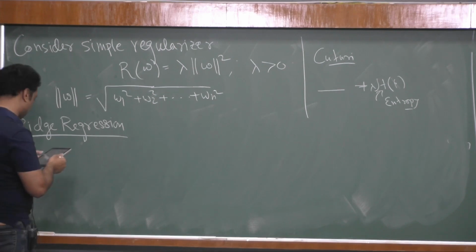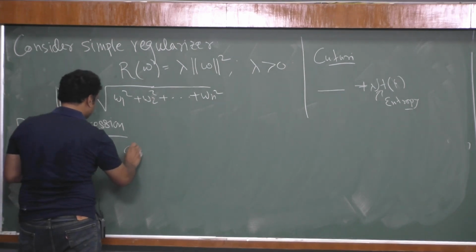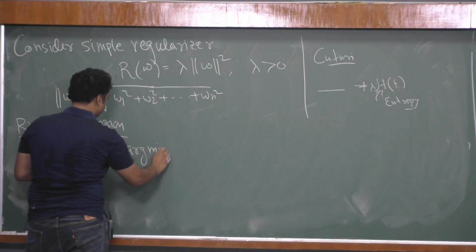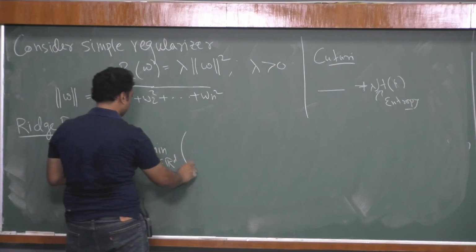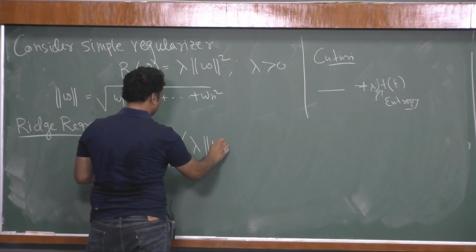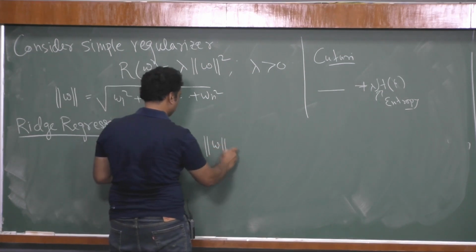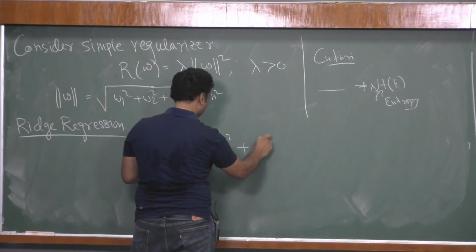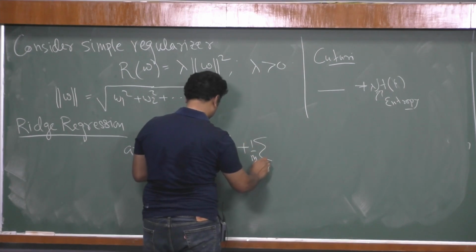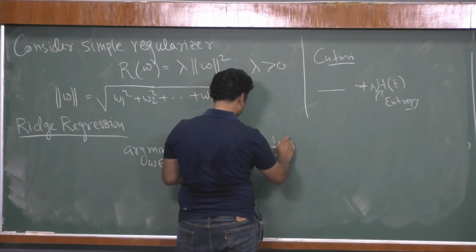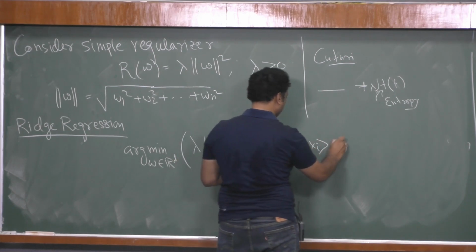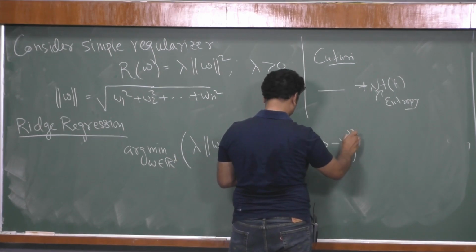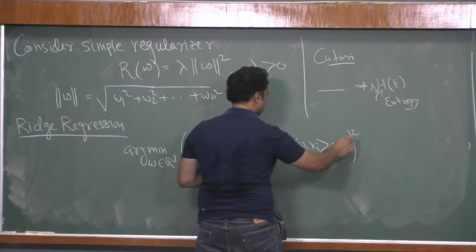So the way I will write this down is arg min over w of lambda times the norm of w squared. So we have added the regularizer, and (1/m) times half of (w transpose xi minus yi) squared.